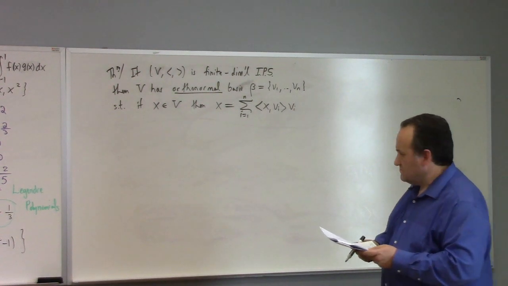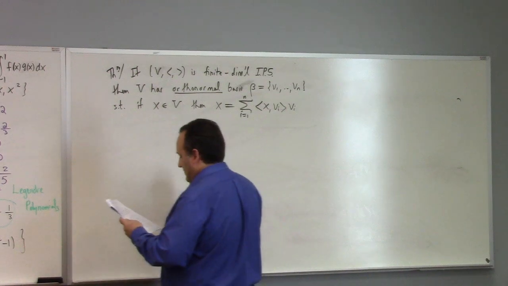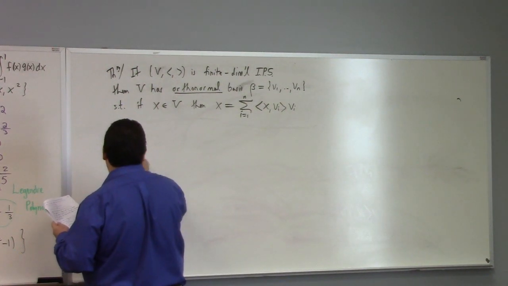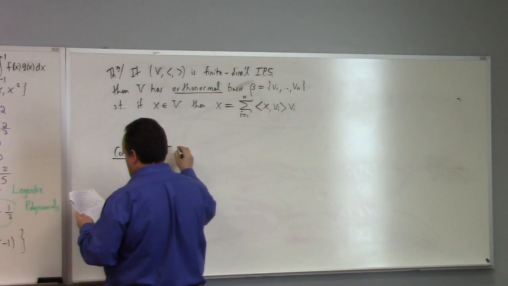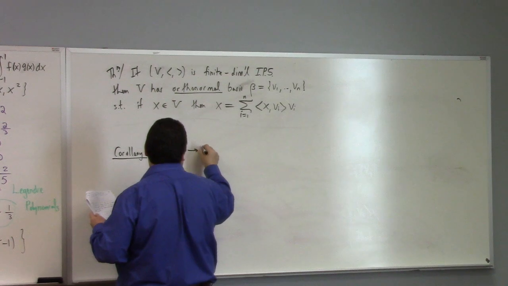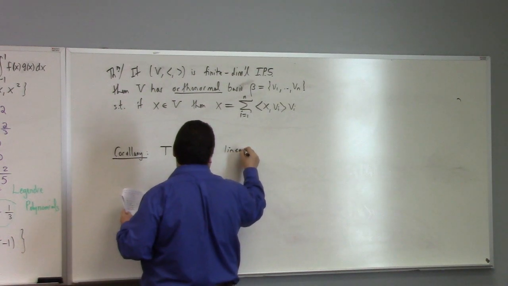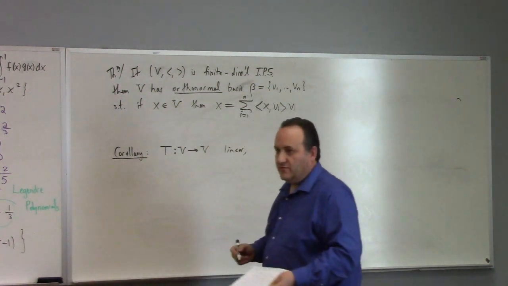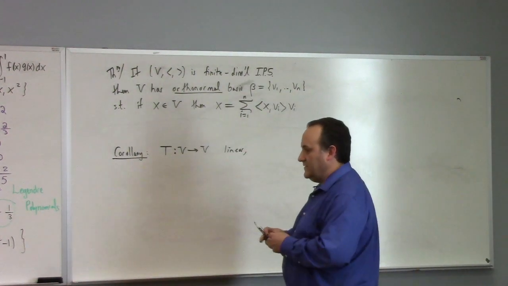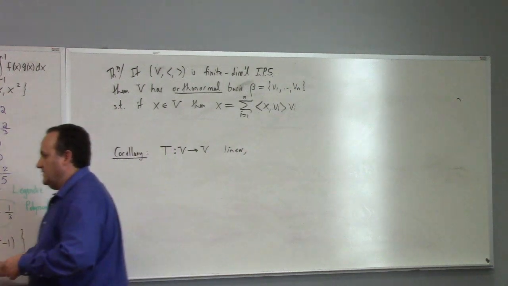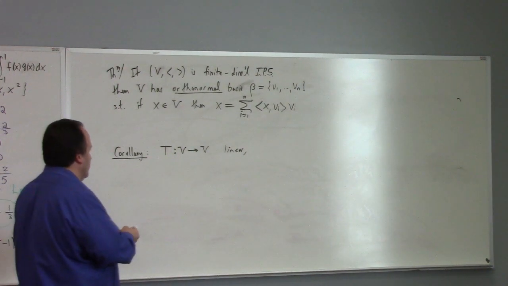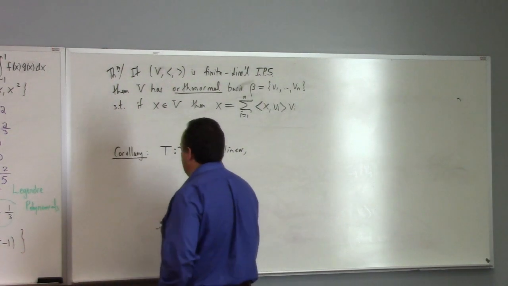And this has some very nice effects. Here's a corollary to it. If we have a linear transformation T from V to V, then the matrix of the linear transformation with respect to an orthonormal basis is super nice. Let us calculate it. How do we calculate the column with respect to the beta basis?